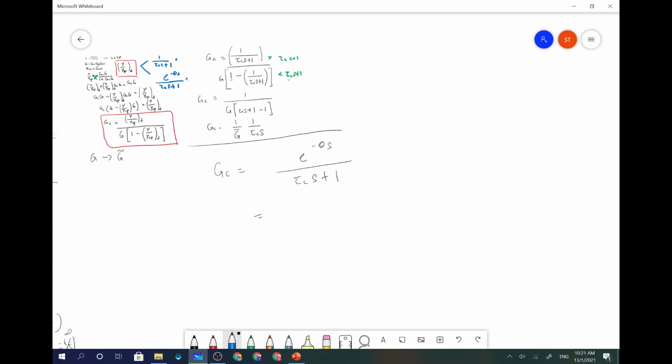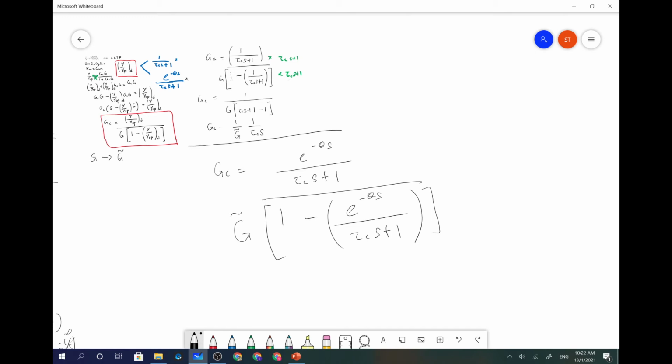So you substitute the same, over 1 minus exponential negative theta S over tau CS plus 1. And don't forget your G outside.